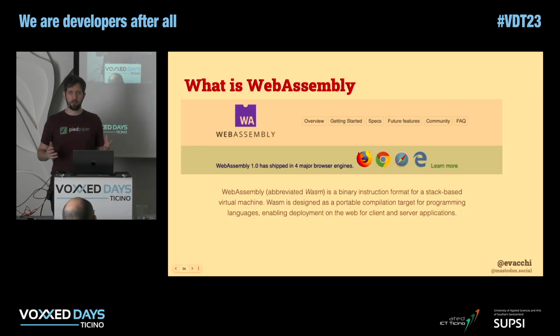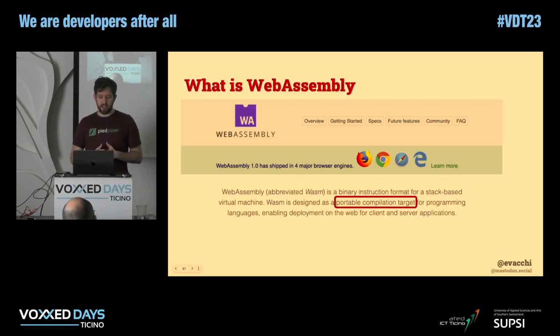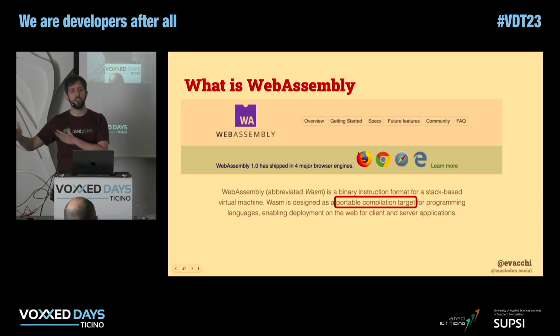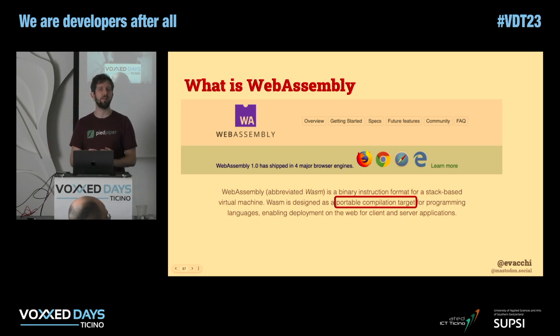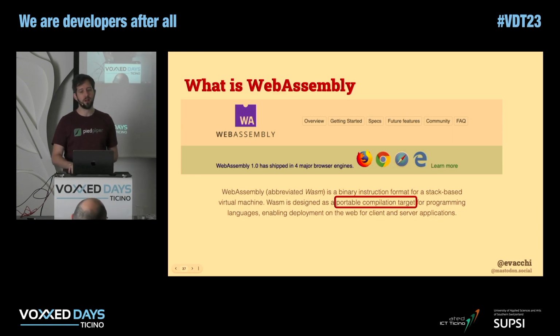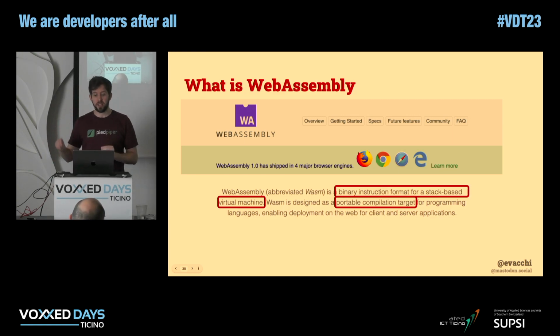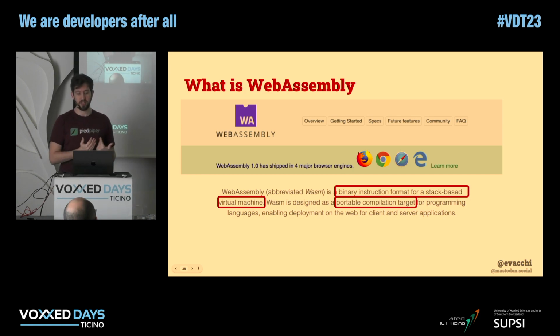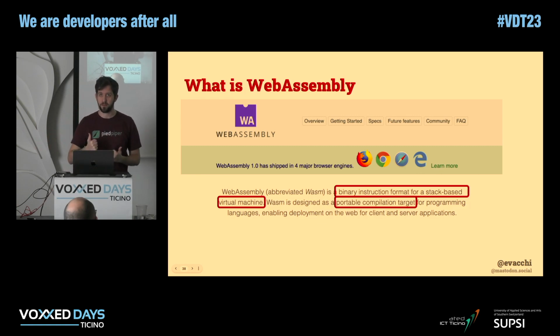So, what is WebAssembly? WebAssembly is a portable compilation target, and I want to stress this is the key part of it. It's a portable compilation target that is meant to be interpreted in an efficient way by a virtual machine. It's not just a compilation target, it's a binary instruction format for a stack-based virtual machine.